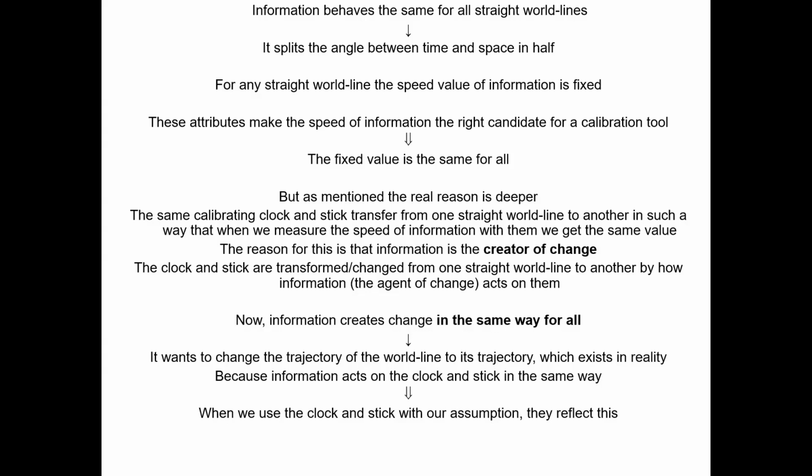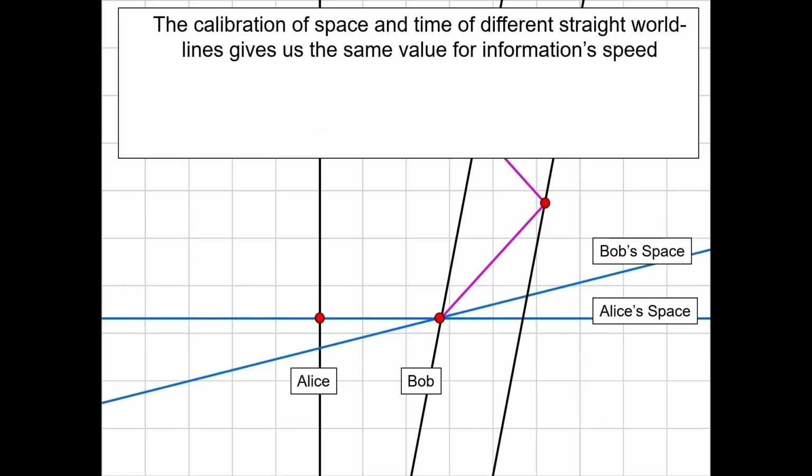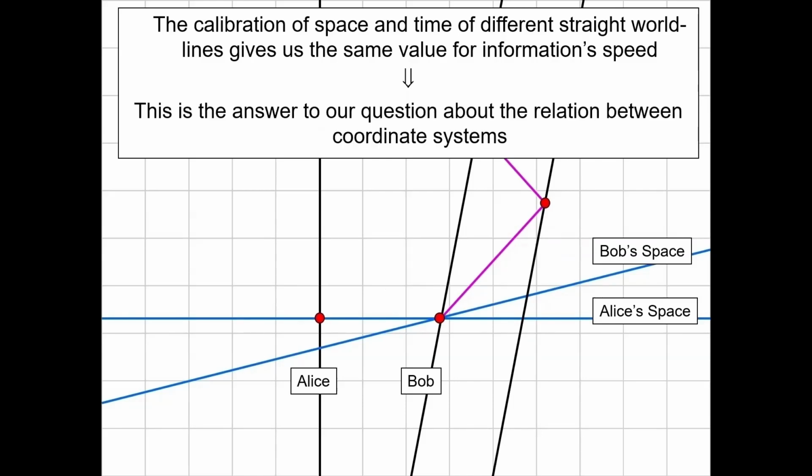They reflect the fact that information is the same. And this reflection is that the speed value of information is the same for all straight world lines. What we're saying is that the calibration of space and time of different straight world lines gives us the same value for information's speed. And this is the answer to our question about the relation between coordinate systems.